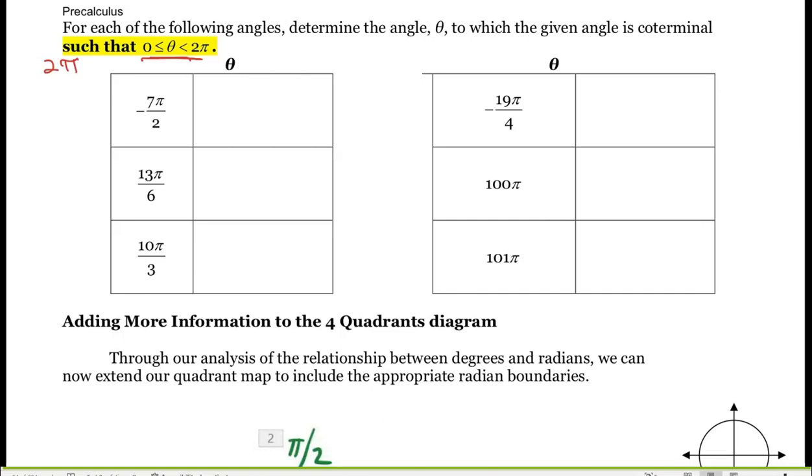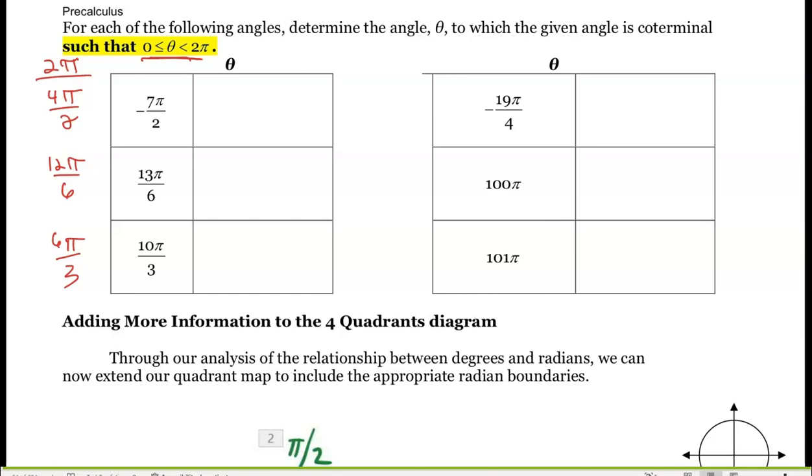Here's my 2 pi. If I'm dealing in halves, then I need 4 pi over 2. If I'm dealing in sixths, then I need 12 pi over 6. If I'm dealing in thirds, then I need 6 pi over 3. And you can see that each of those red values will reduce to what? 2 pi.